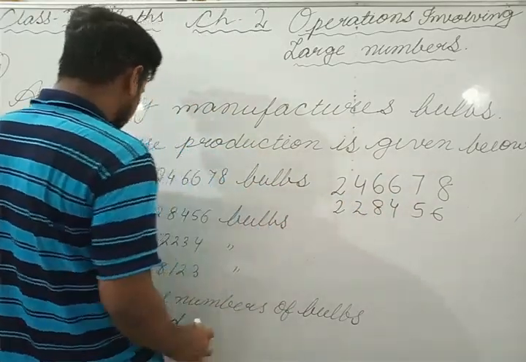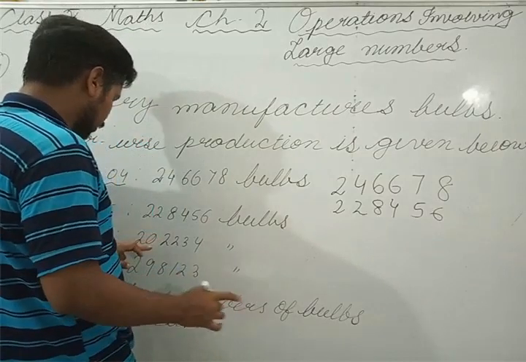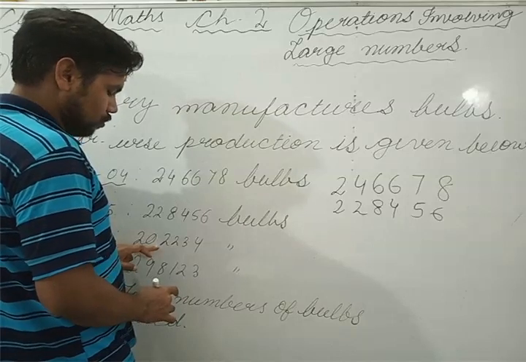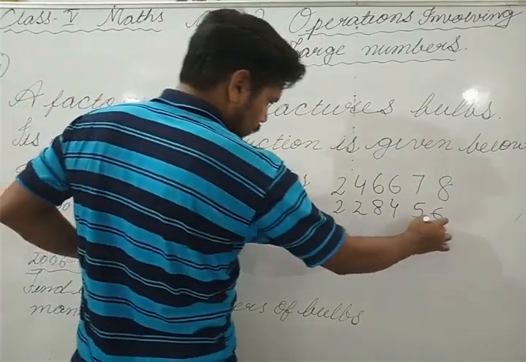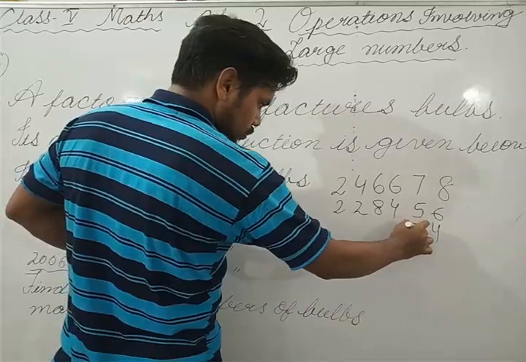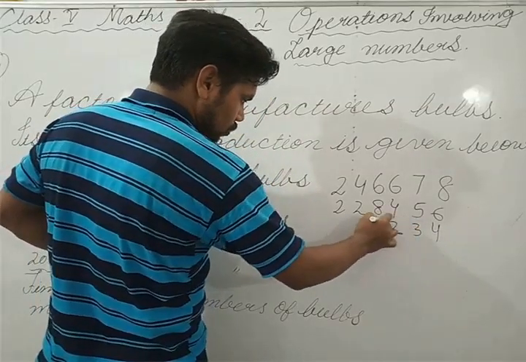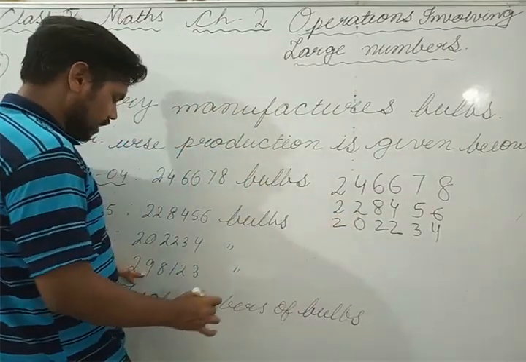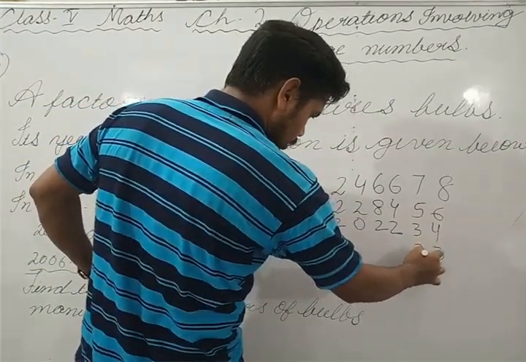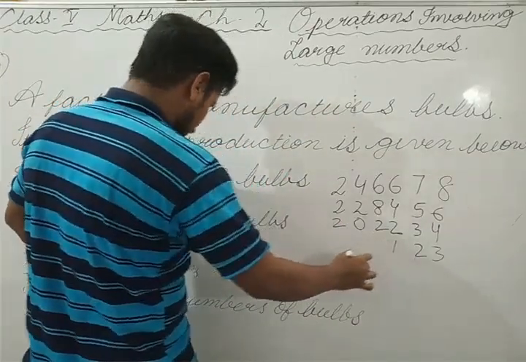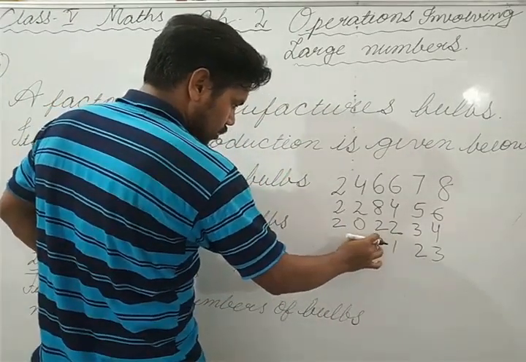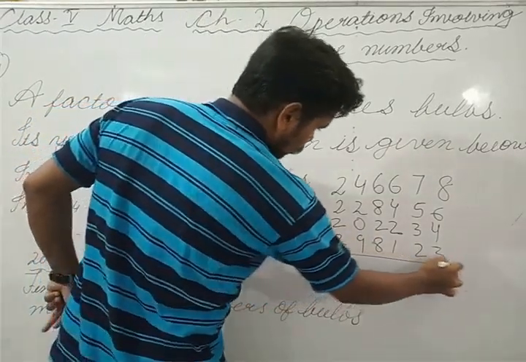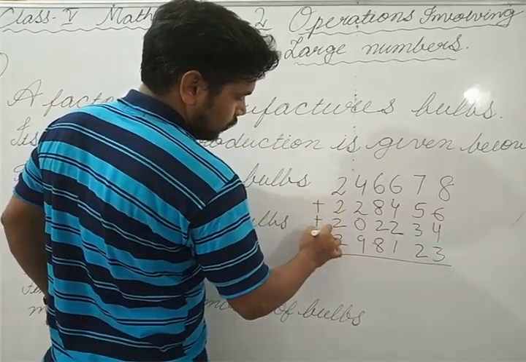This is for 2004 to 2005. Next we have 2005 to 2006, that is 4 3 2 2 0 2. Next year we have 3 2 1 8 9 2. So now you have to add all these numbers.